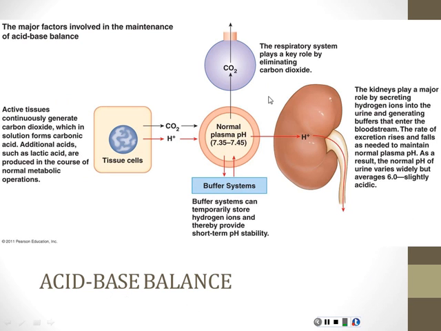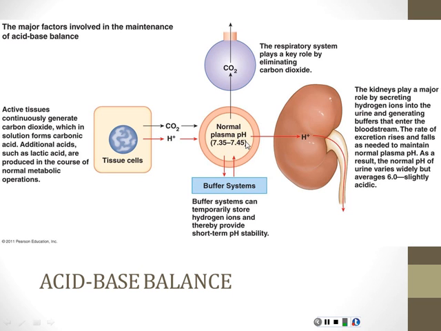All right, so here are the players in that balance. The cells of the body make acid. That's just the way metabolism works. So they make carbon dioxide and they make acid, so they make H pluses, compounds that release hydrogen ions. And the CO2, when it dissolves in plasma, creates a hydrogen ion as well.